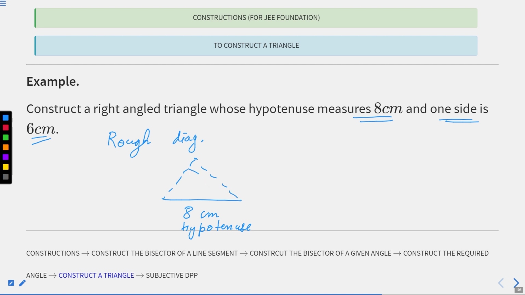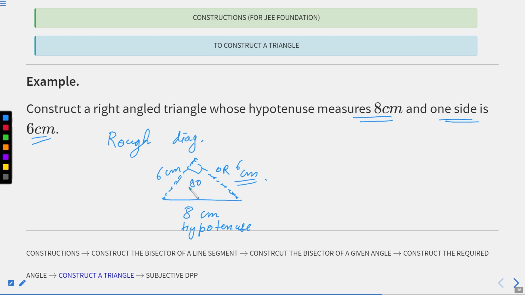This angle will be 90 degrees, and either of these sides is my base and the other one will be my perpendicular. From the given information, either this is 6 centimeters or this one is 6 centimeters. So the rough diagram will look like this.